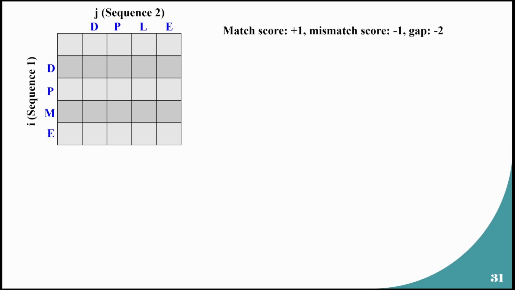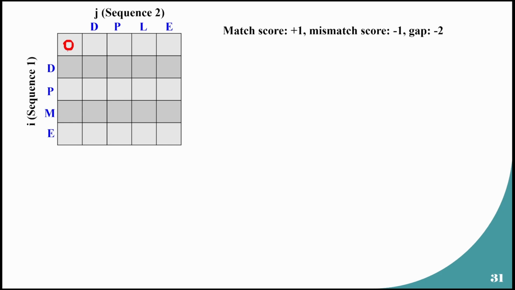Now, again, as we talked about earlier, for all of these algorithms to work, you need to have some sort of match scores, mismatch scores, and some gap scores. The first thing that you will do is start at the first cell, the upper left corner, with a value of 0.